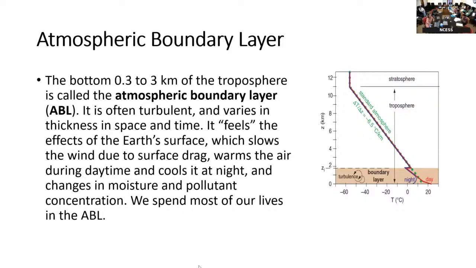Pollutant transport also happens here. These parameters are constantly varying, and it is one of the most highly dynamic layers of the atmosphere, the lower layer called the boundary layer.